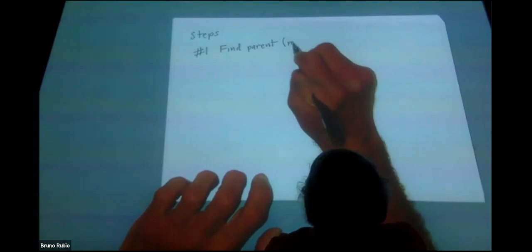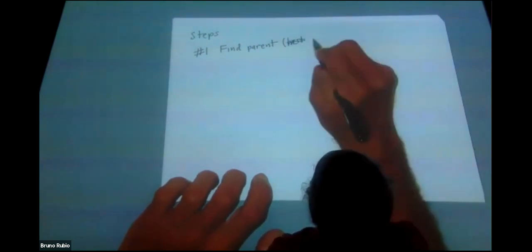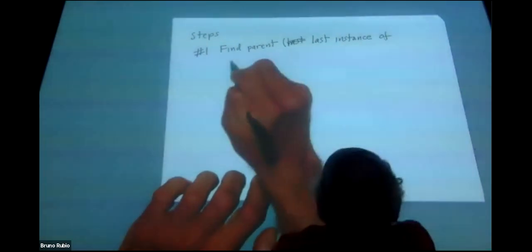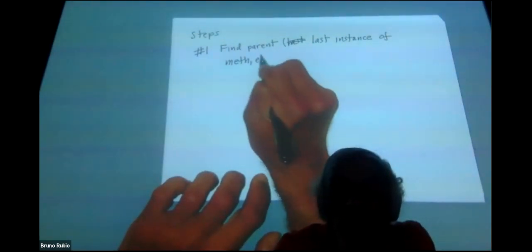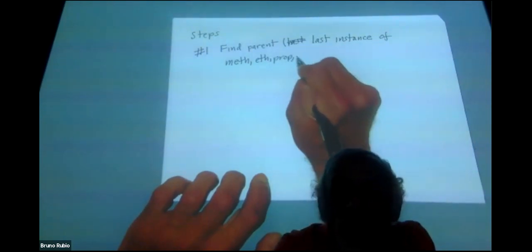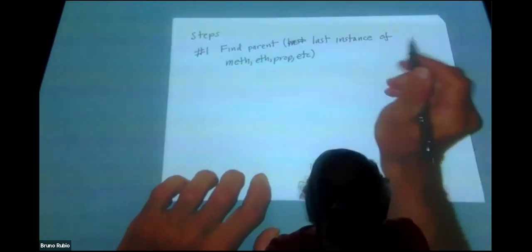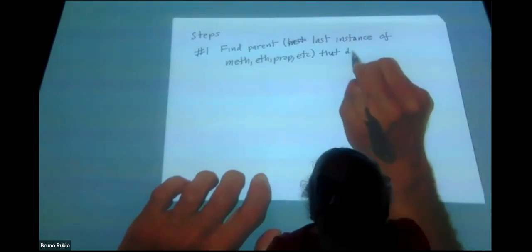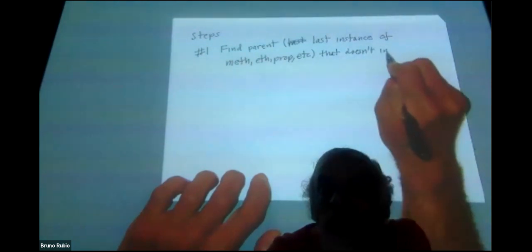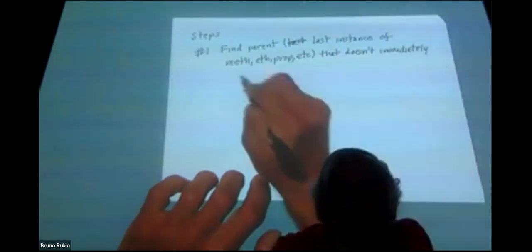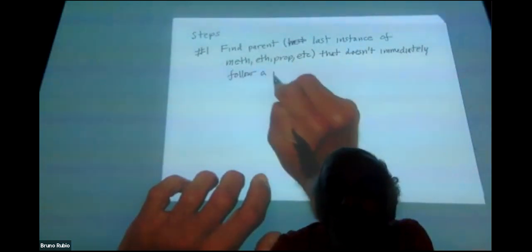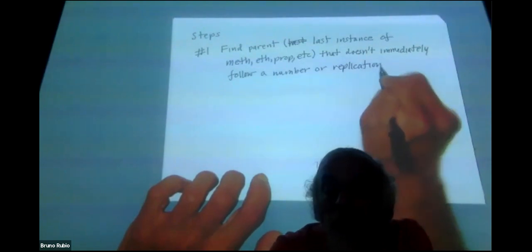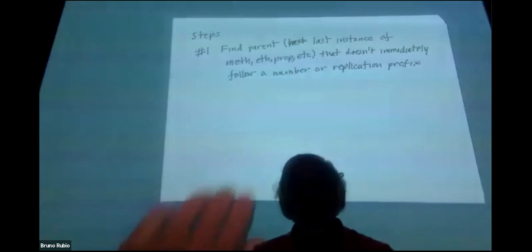The parent is going to be the last instance in the name of one of those parent syllables: meth, eth, prop, etc. that doesn't immediately follow a number or a replicating prefix.